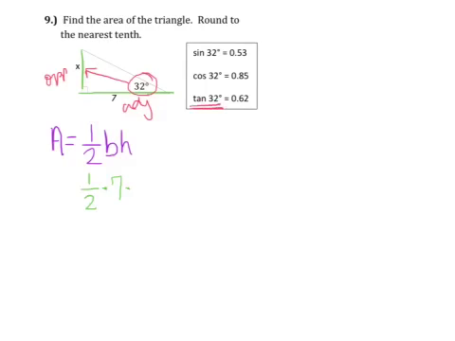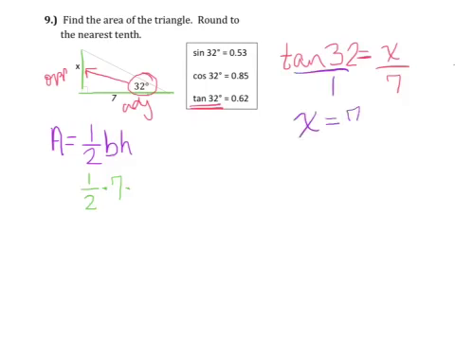tangent. Okay, so our trig equation we need to set up would be tangent of 32 degrees is equal to opposite, which is x, over adjacent, 7. Okay, cross multiply, and we get that x equals 7 times tangent of 32.